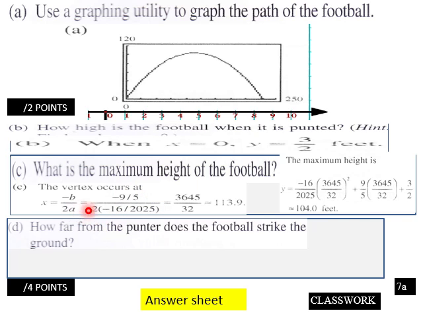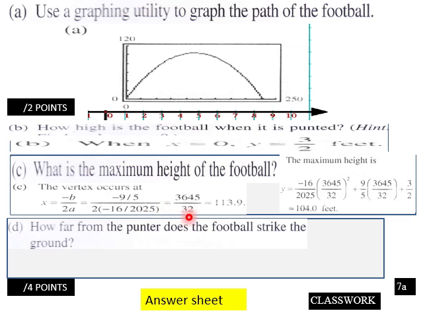So now we have to find our vertex here. So negative b over 2a, we plug in our values. The vertex occurs at negative 9 over 5. That would be our negative b here. And then 2 times negative 16 over 2025.